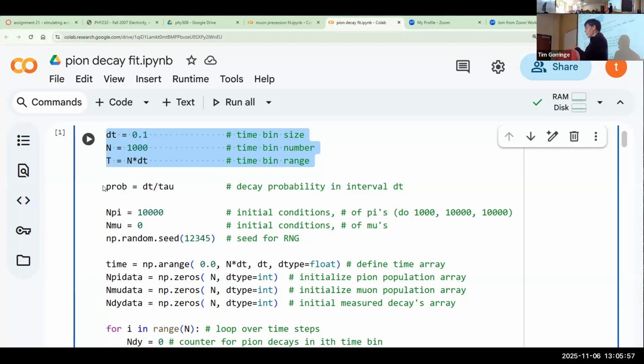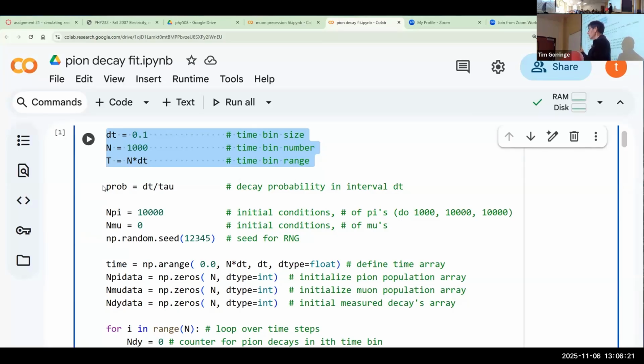So pions are decaying into muons. In the experiment, what do we record? We don't count the number of pions. We don't keep counting every time bit how many pions there are. We don't keep counting the number of muons every time bit.